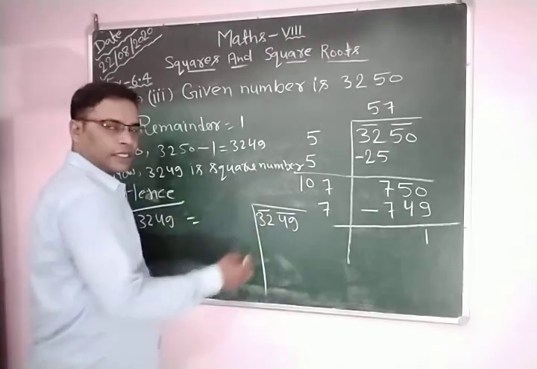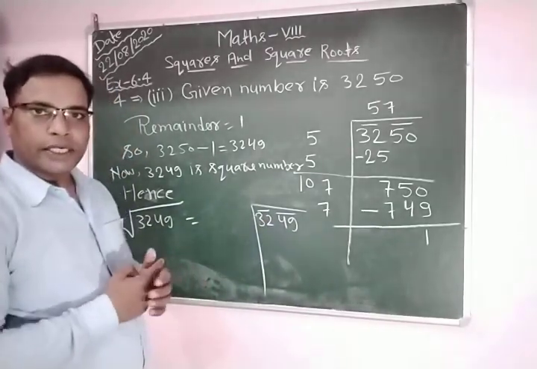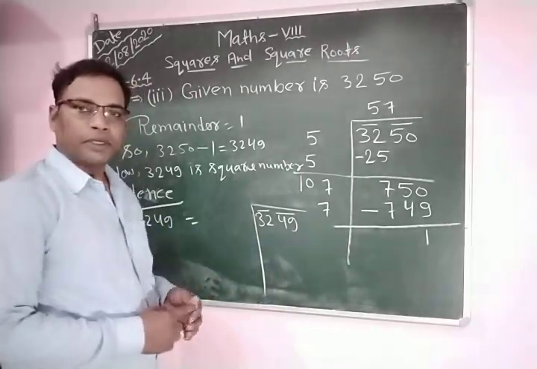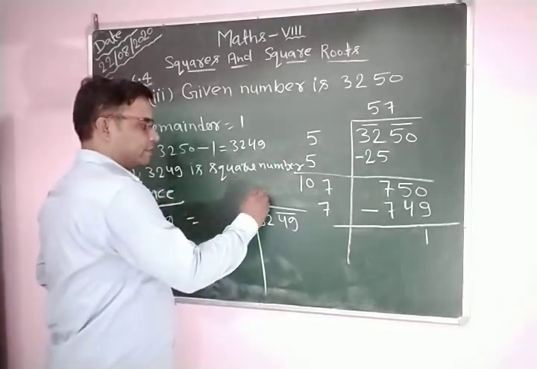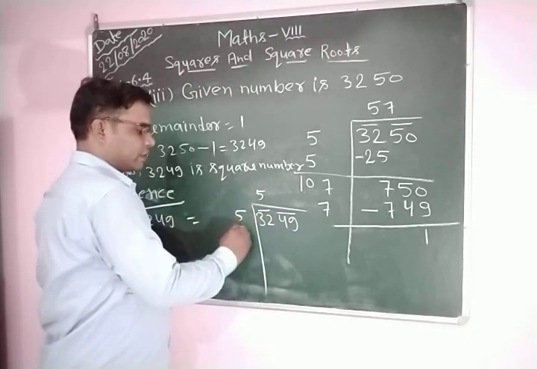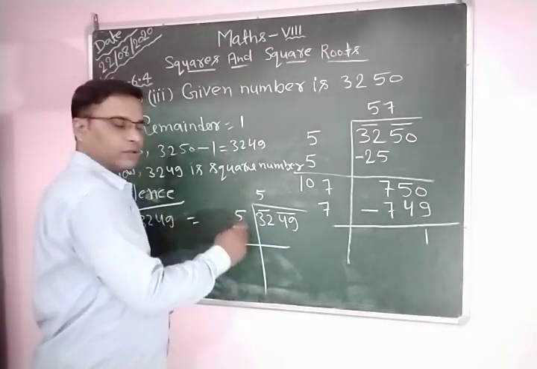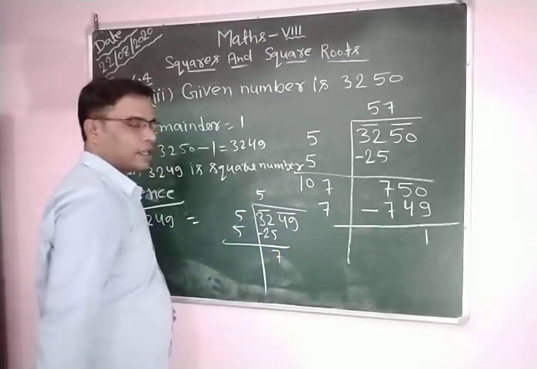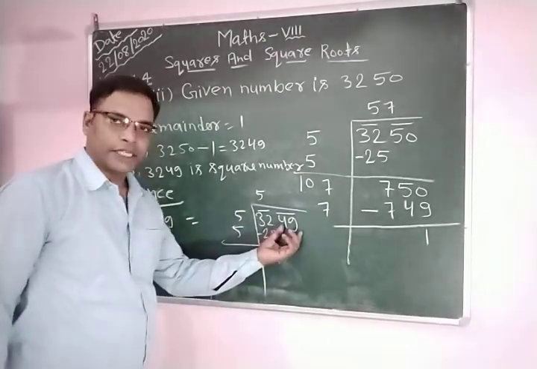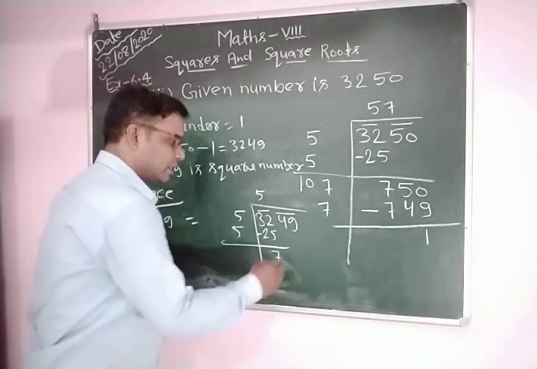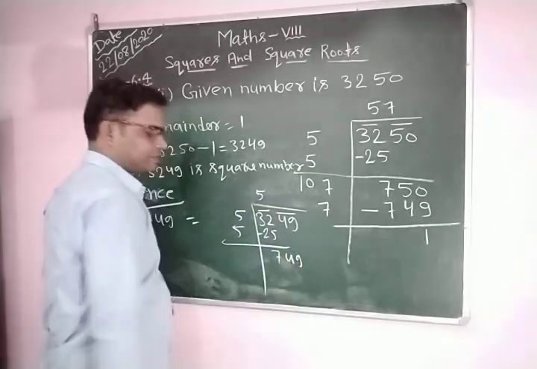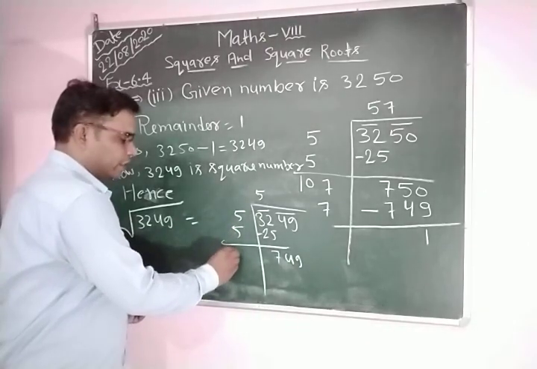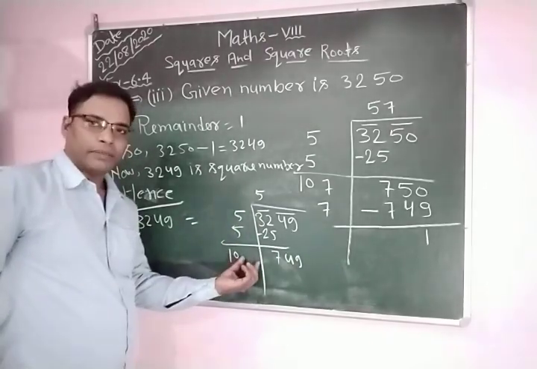We select a number whose square is less than or equal to 32, because 32 is the extreme left number. So we write 5 here. Again 5 here. 5 fives are 25, and subtracting them we obtain 7, and bring down the next pair, which is 49. So this becomes 749, and we add 5 plus 5, which is equal to 10, and we leave a blank place.